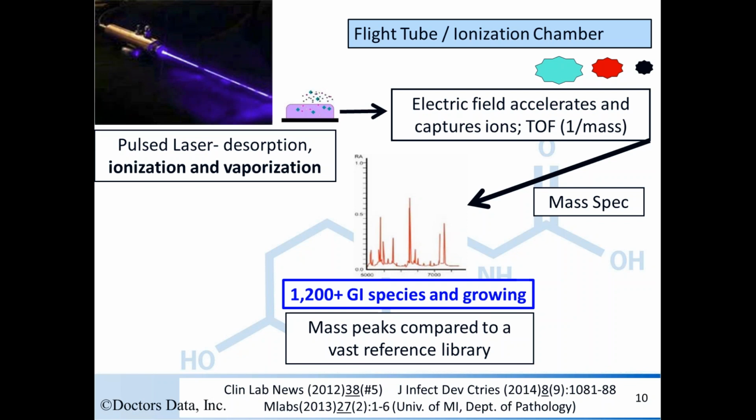Now, the size of the database is very important. Some labs only use an FDA-approved database, which contains about 400 species or so. But Doctor's Data uses the largest reference database available, which is greater than 1,200 gastrointestinal species of yeast and bacteria.